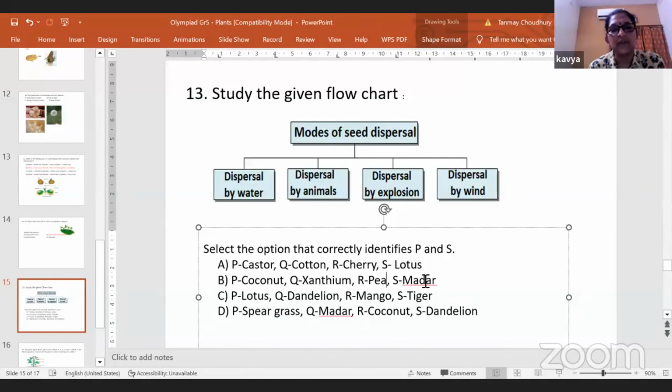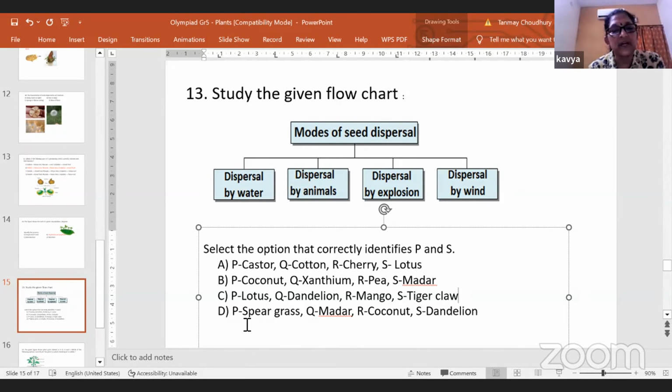Next is lotus, dispersed by water, dandelion dispersed by wind, mango dispersed by animals or us, and this is tiger claw. Tiger claw is a small seed which has got hooks on it, and it will be dispersed by animals.